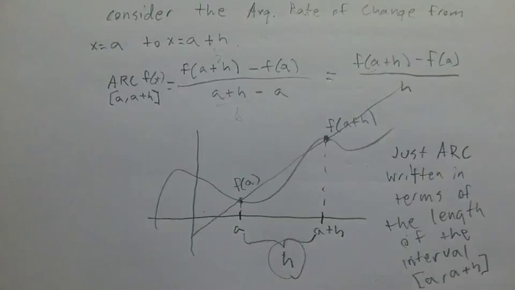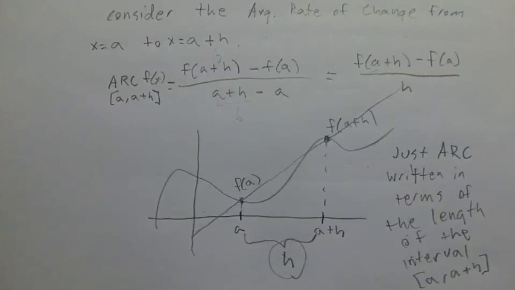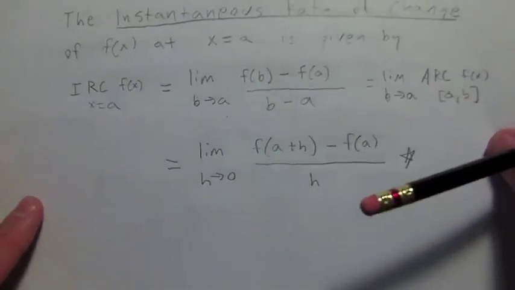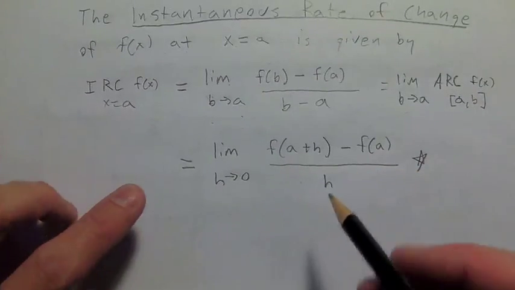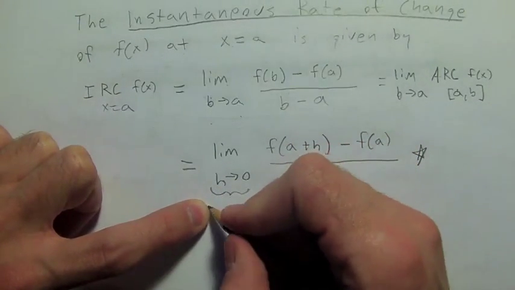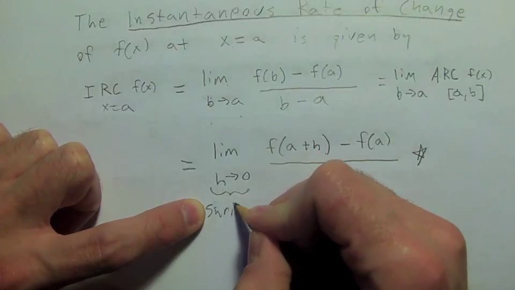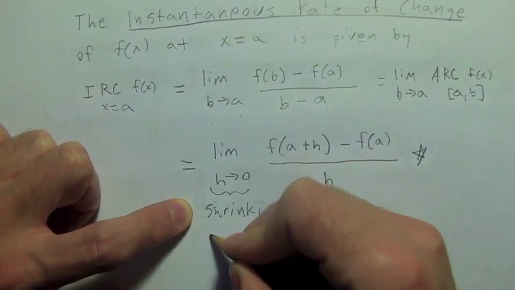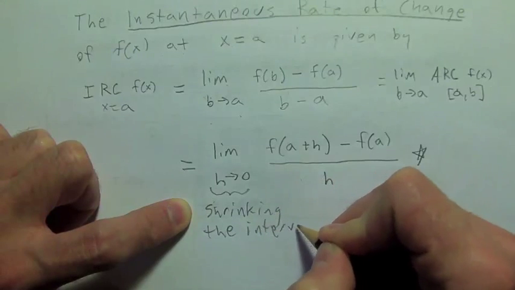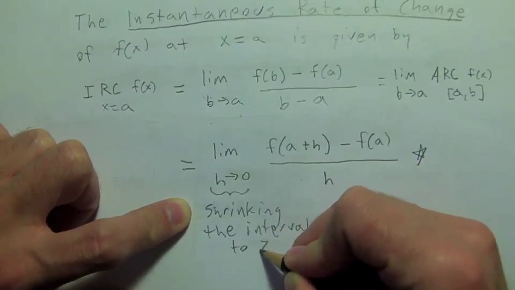Okay. So what's really happening, if we go back to this definition, if h is the length of the interval, what we're doing is we're shrinking the interval down to 0. So let me write that, shrinking the interval to 0.